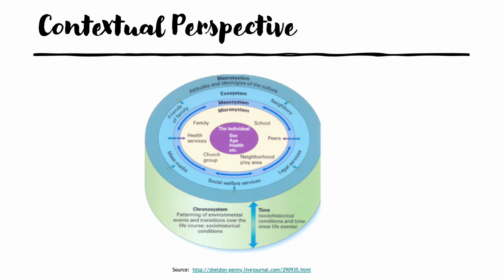I think your textbook also has a slightly different picture of this diagram, and it's a good way to help you understand how all the influences outside, from the ones in the inner microsystem circle that interact with the child or the individual or the family every day, influence them, all the way to the macrosystem, which are attitudes and ideologies of the culture and how they influence the growth and the development of every human being.